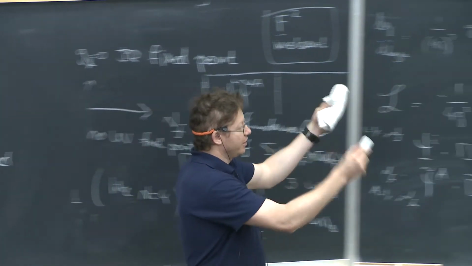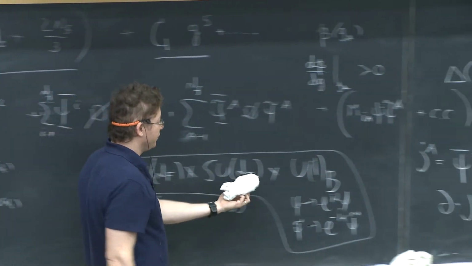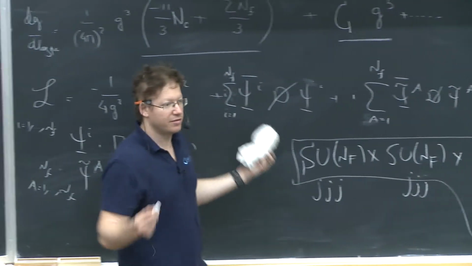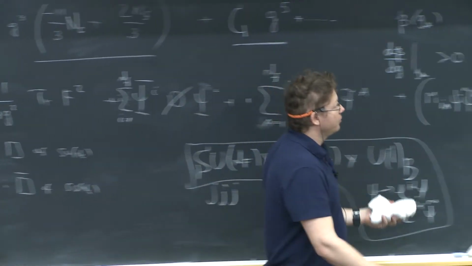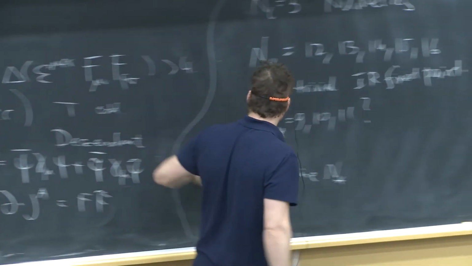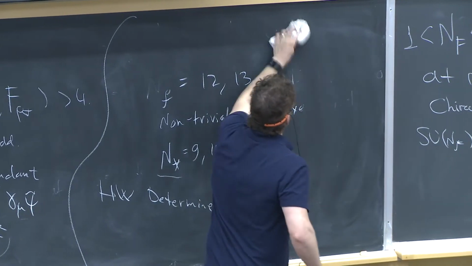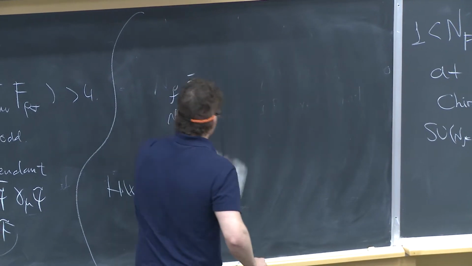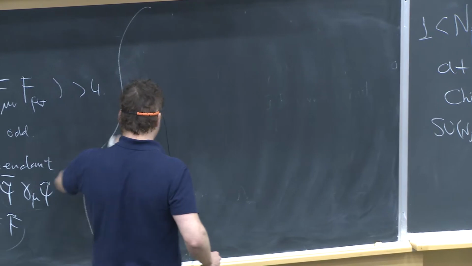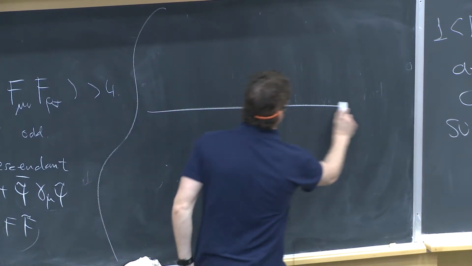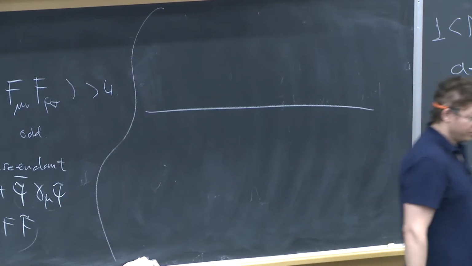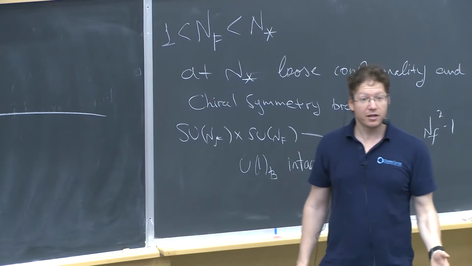This setup makes sense for NF bigger than 1, because M equals 0 is distinguished by the appearance of a new non-abelian symmetry, and we can discuss our RG flows within this framework. But NF equals 1 is more complicated. So for NF equals 1, we don't talk about M equals 0. Instead, we draw the phase diagram. So this is very much like in our discussions of quantum antiferromagnets.